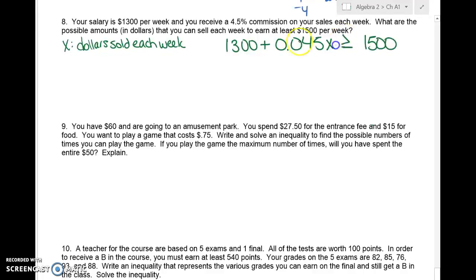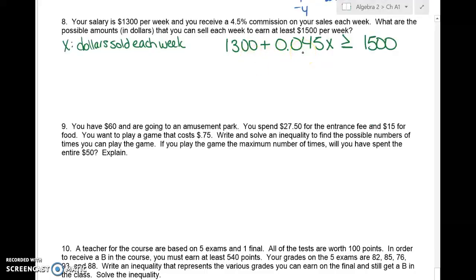So you want what we earn on the left to be larger than or equal to $1,500. Some math teachers would say that you should be able to take the word at least and put the correct symbol in. Personally, my brain doesn't work that way. So I prefer to set it up and then think about, can this be more, can this be less, and which symbol would be the most appropriate?